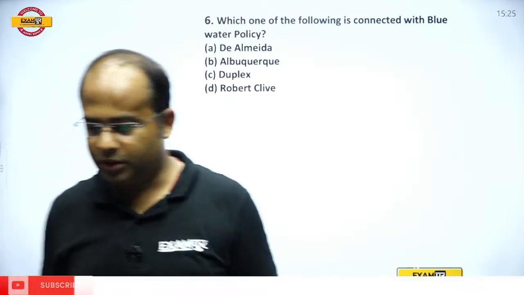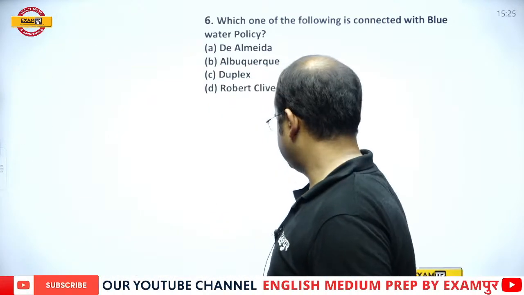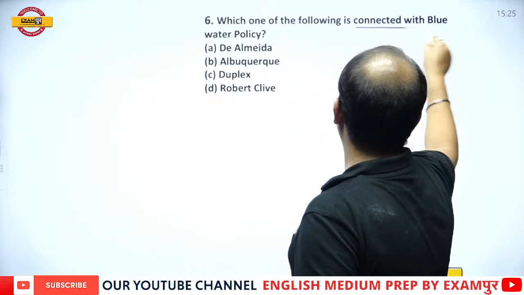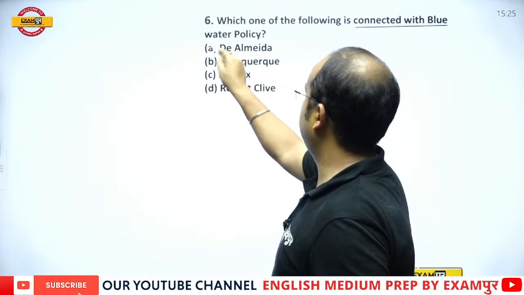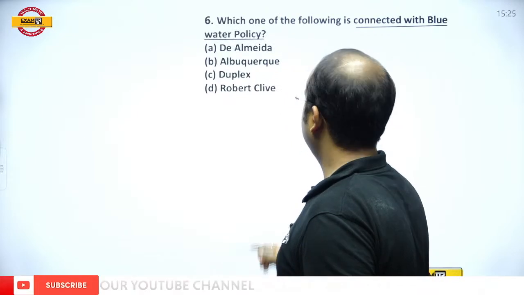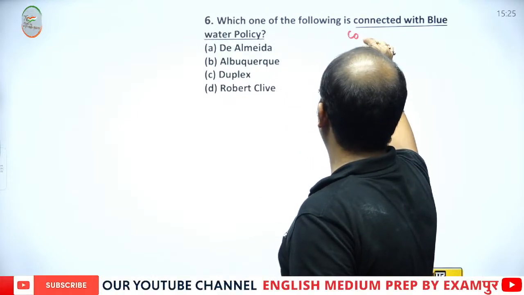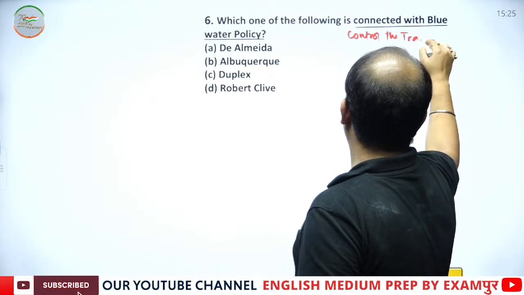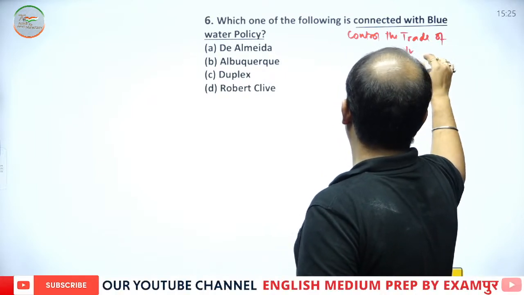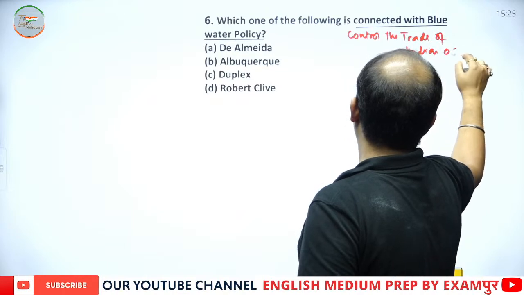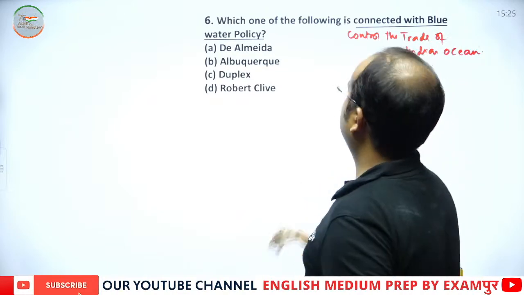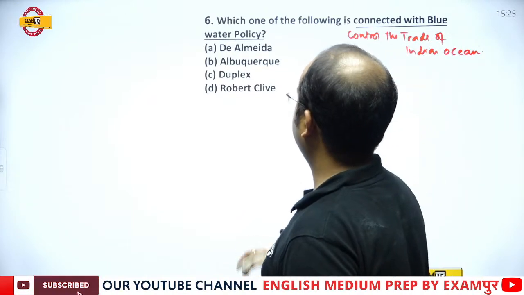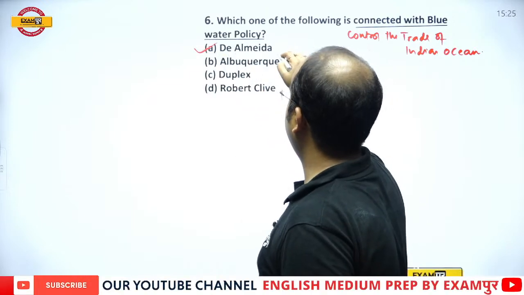That is blue water policy. Blue water policy, guys, if I discuss it, simply means to control the trade of the Indian Ocean. To control the trade of the Indian Ocean, and it was done by Francisco de Almeida.